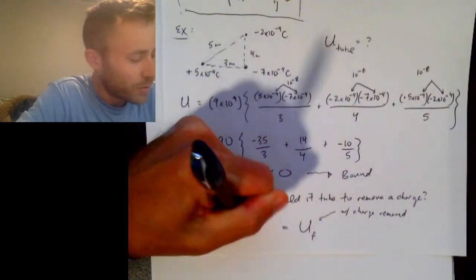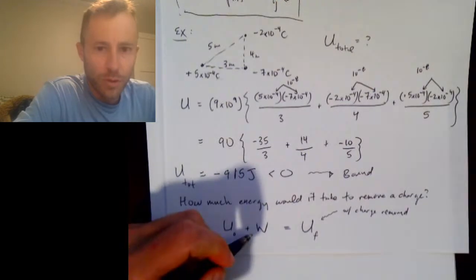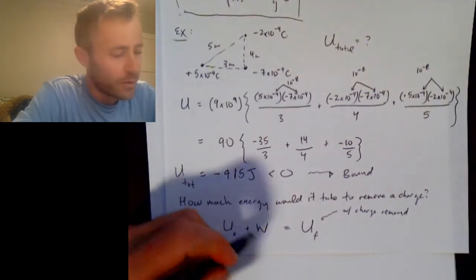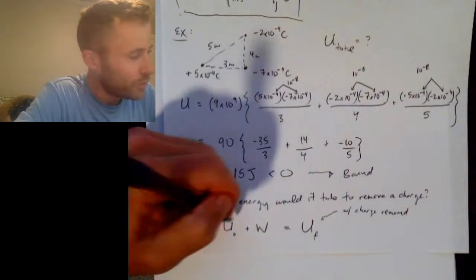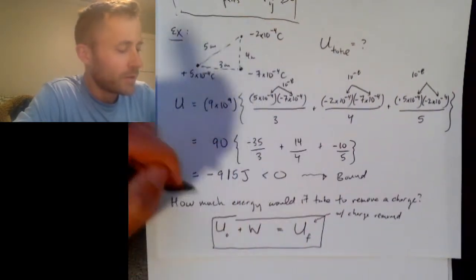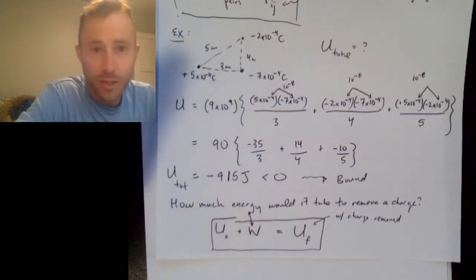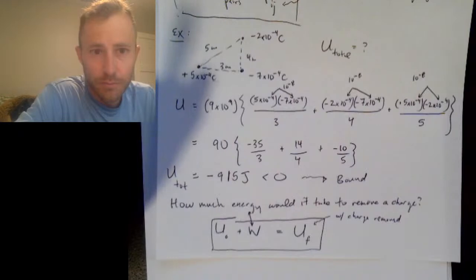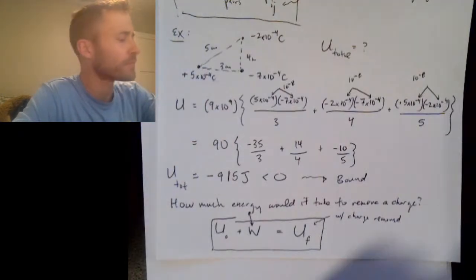Conservation of energy says that the initial energy plus the work done is equal to the final energy. So we can use this conservation of energy law to calculate the amount of work, which is the energy it would take to remove a charge. Does that make sense? I hope it does.